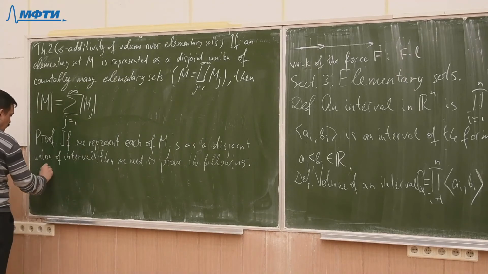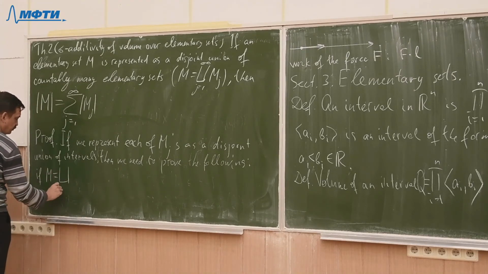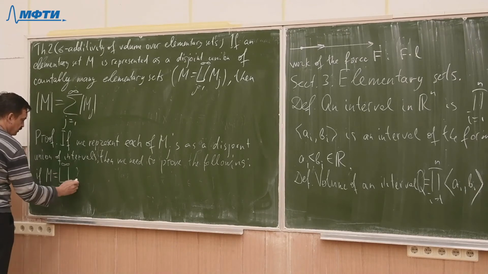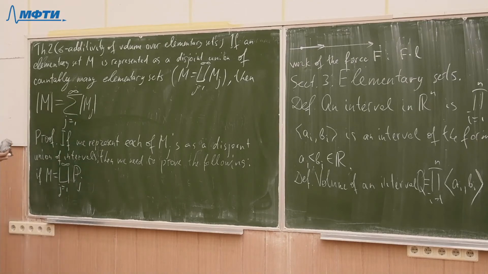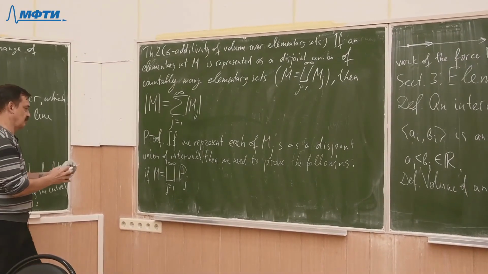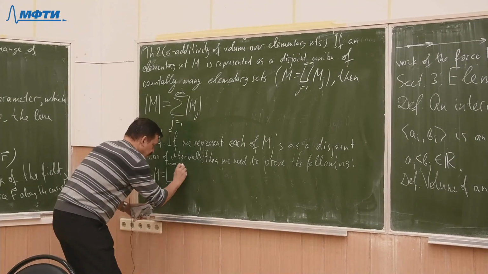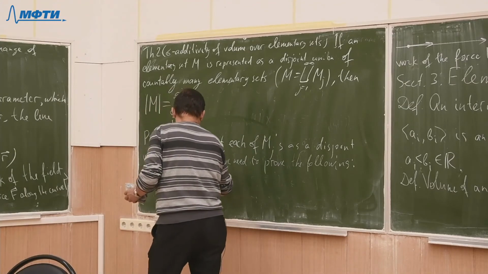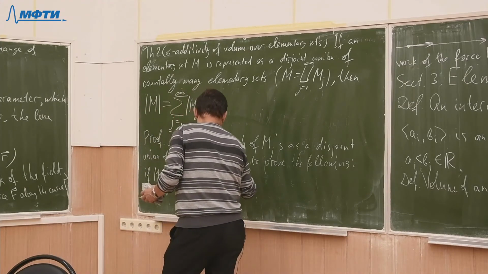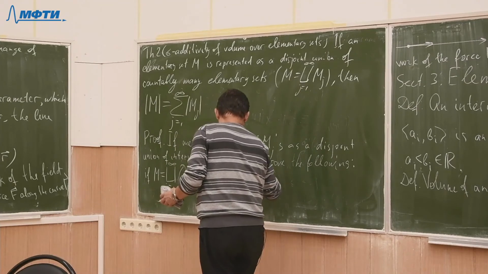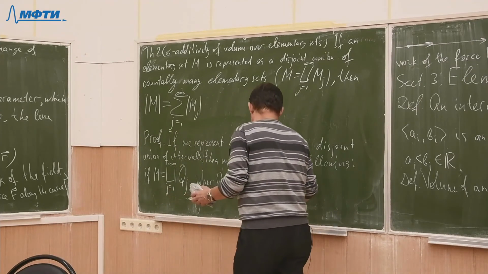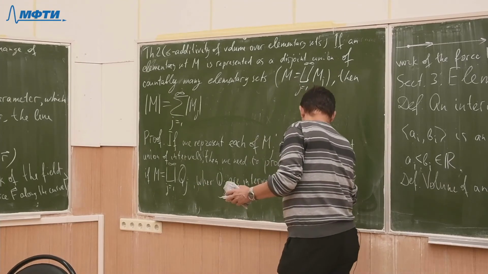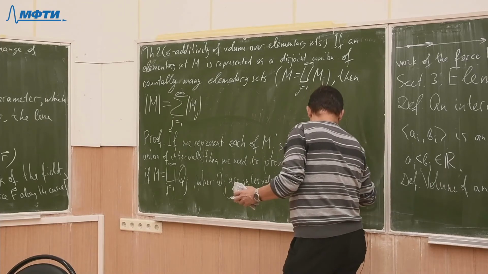If M is a disjoint union of, let it be Qj's, where Qj are intervals, then the volume of M equals the sum of the volumes of Qj's.